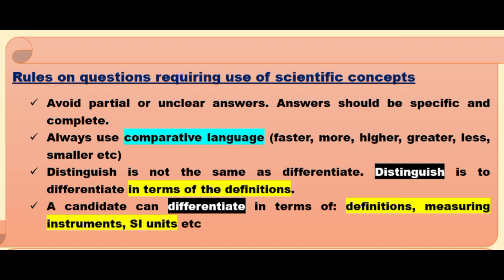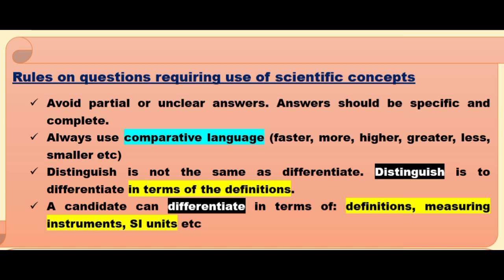The first three forms of differentiating: DIS, definition, instrument, SI unit. Those are three points when you are differentiating things, because, for example, you can define this and that. For example, you can say, give three differences between mass and weight.